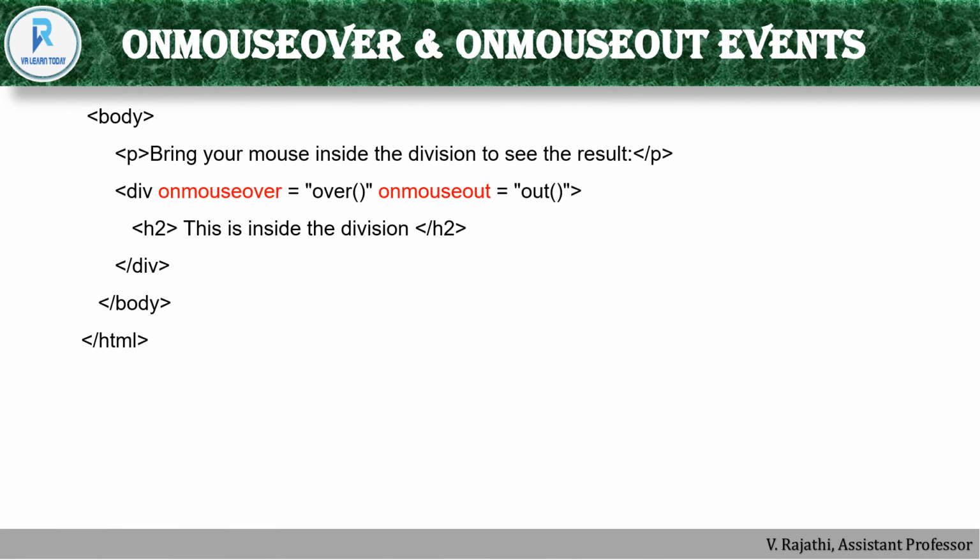So here in the body tag, we are using onmouseover, calling that over function. On mouseout we are calling the out function. So this is the way we add some effects to the page. This is the way we make a static page more dynamic.